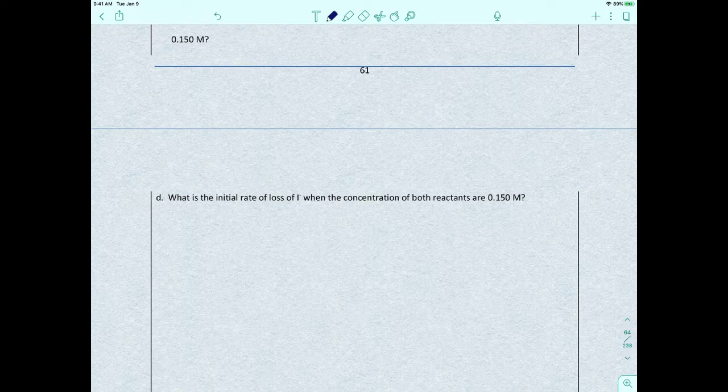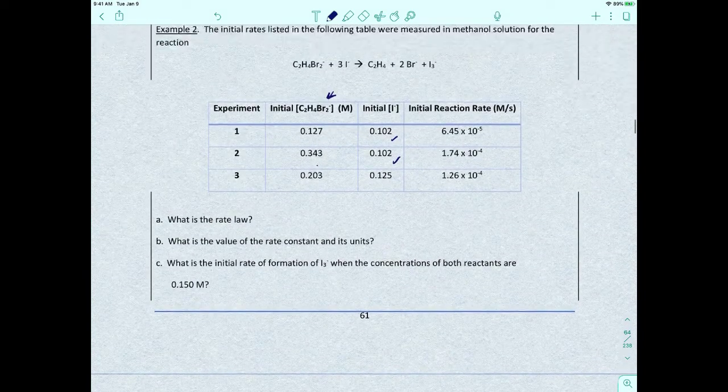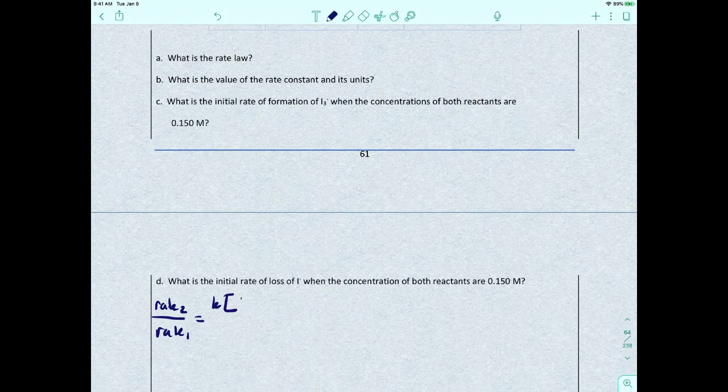So what we want to do is compare. Let's go after our first exponent. So we're going to compare the rate of experiment 2 to the rate of experiment 1. And so this is going to be equal to the rate constant k times the concentration of C2H4Br2 raised to the m power, times the concentration of I minus raised to the n power.